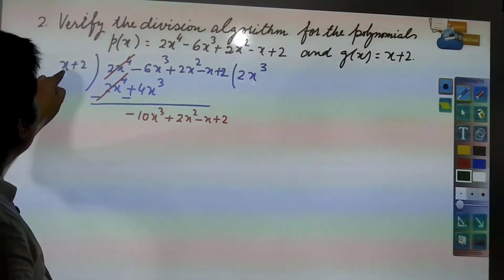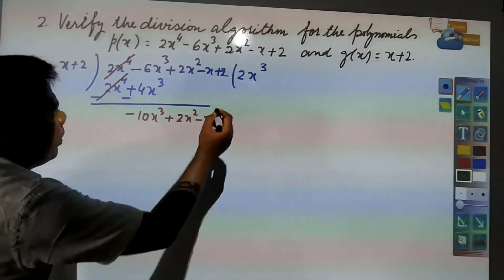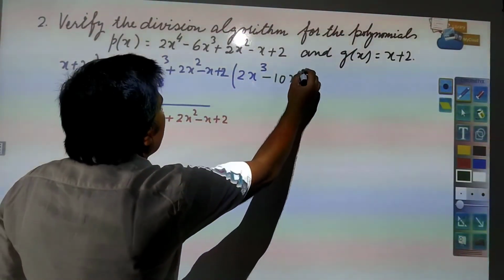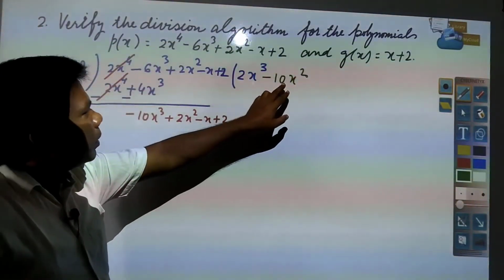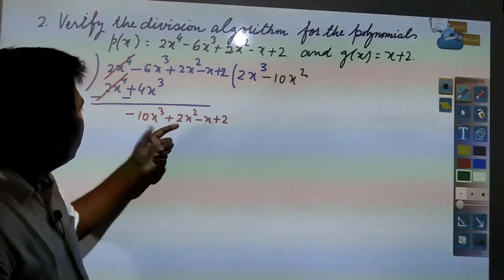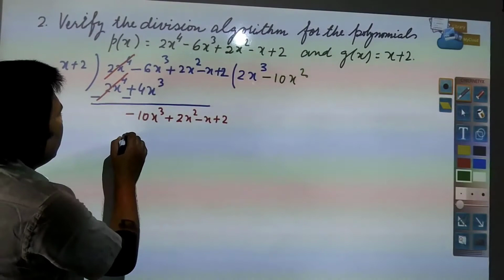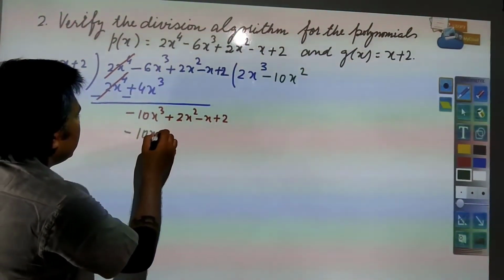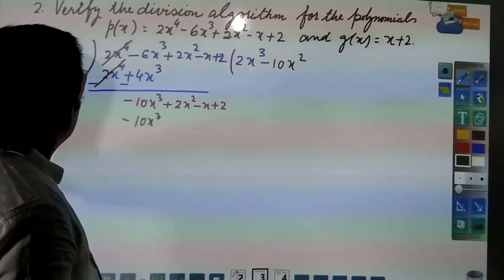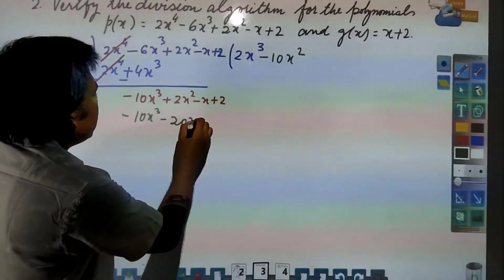This whole term x plus 2 is required to be multiplied by minus 10x square. Just you see, if you are multiplying x square, you will get x cube, and minus 10 if you will keep, you will get minus 10x cube. So this will be minus 10x cube, and minus 10x square into 2, it means minus 20x square.